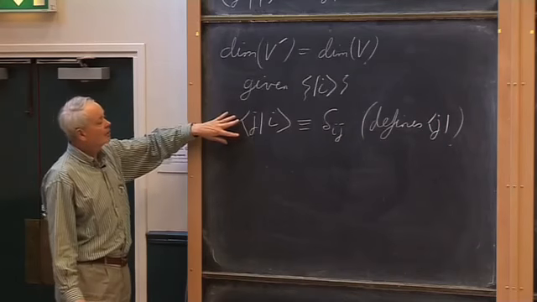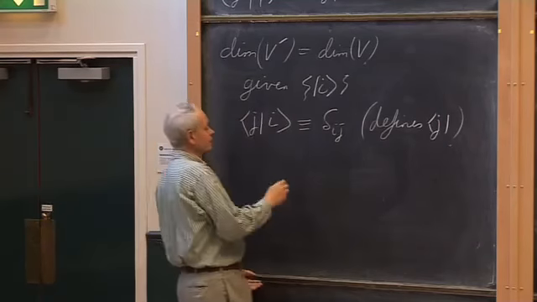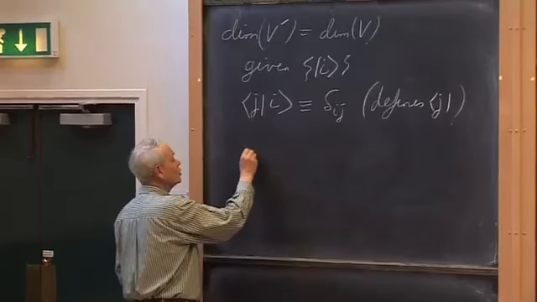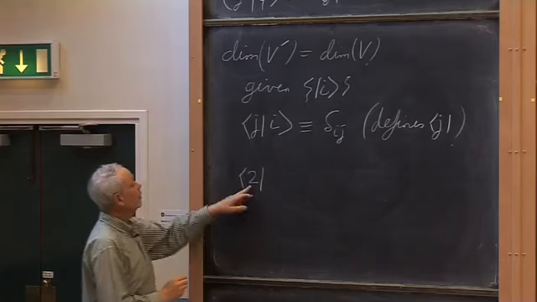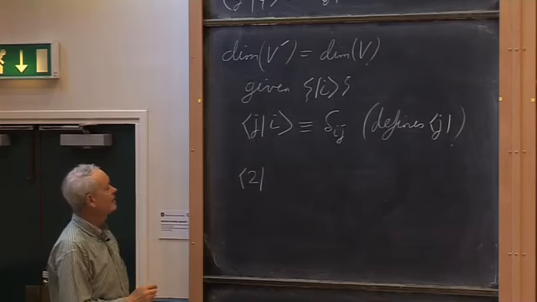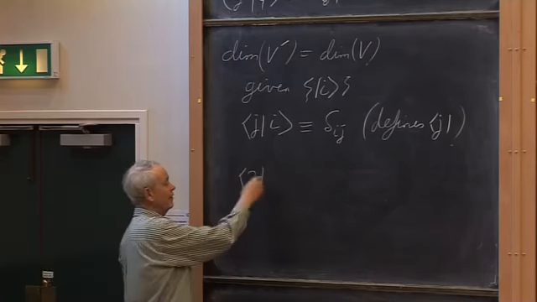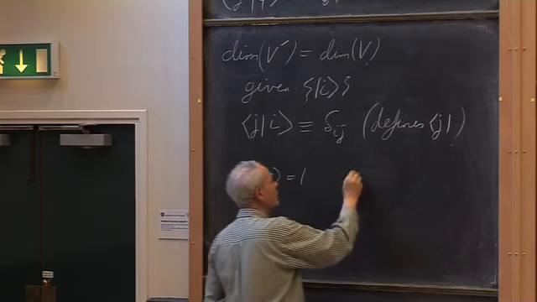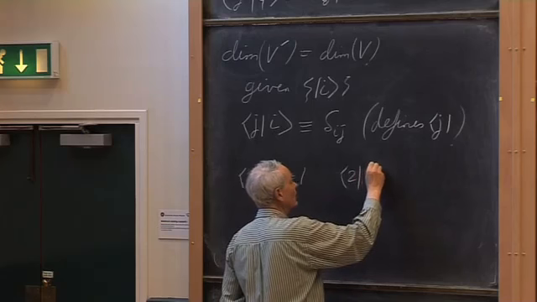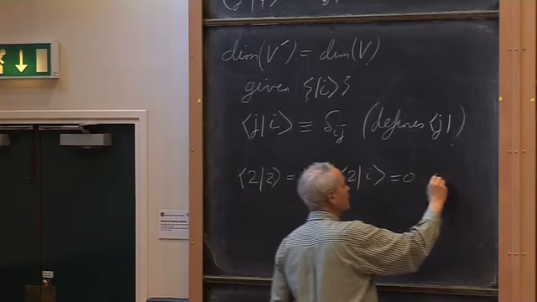So we're saying that, for example, the function <2|, belonging to the second ket in our basis, is defined such that <2|2> is 1, and <2| on anything else equals 0.